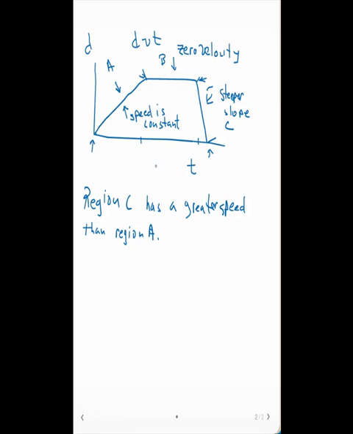In addition, we know that in region A, the distance from the edge of the table increased. So in region A, the direction was away from the edge of the table. And we'll call that positive. And in region C, the direction is toward.